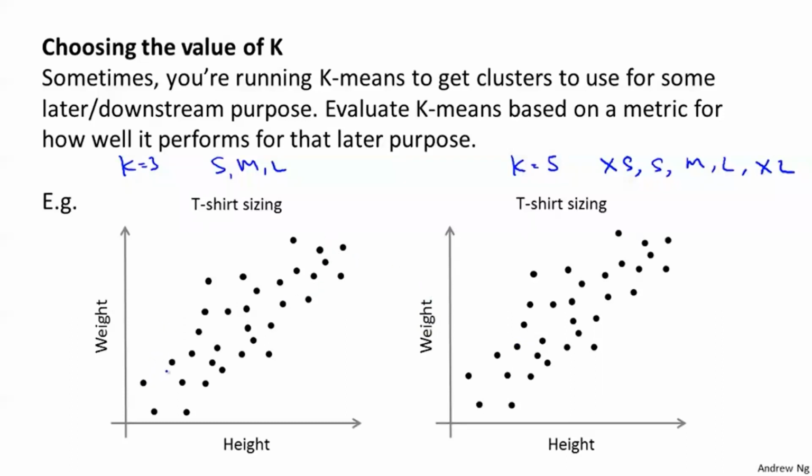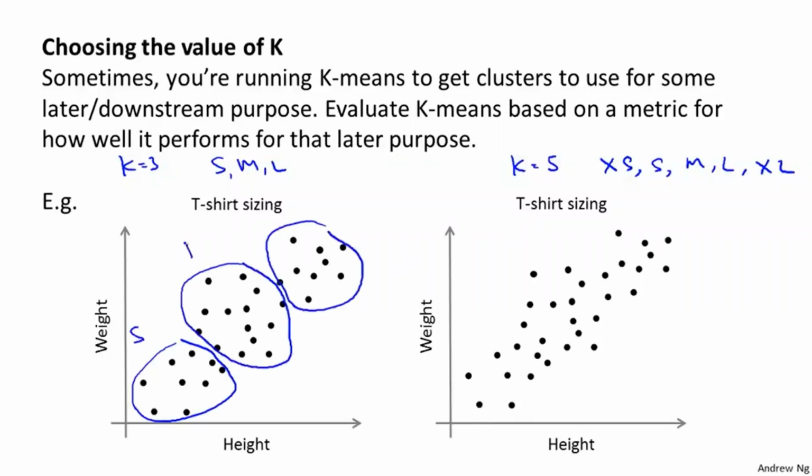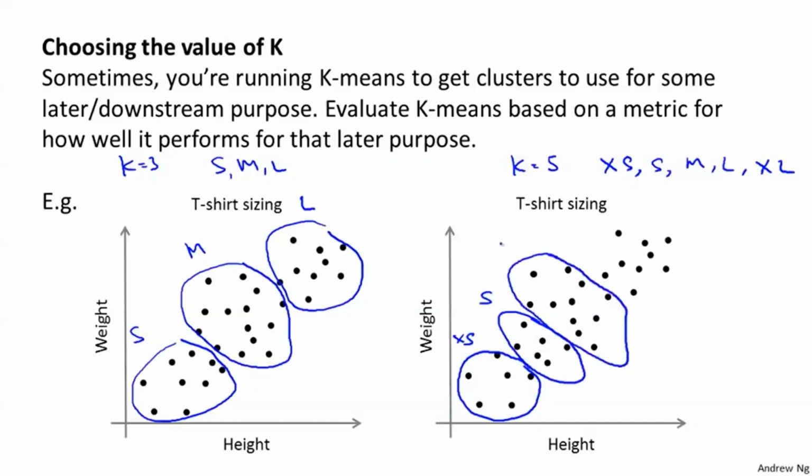So if I run k-means with k equals 3, maybe I end up with that's my small, that's my medium, and that's my large. Whereas if I run k-means with 5 clusters, maybe those are my extra small t-shirts, these are my small, these are my medium, these are my large, and these are my extra large. And the nice thing about this example is that this maybe gives us another way to choose whether we want 3 or 4 or 5 clusters.